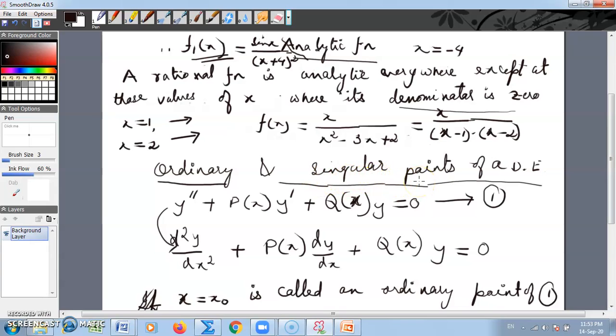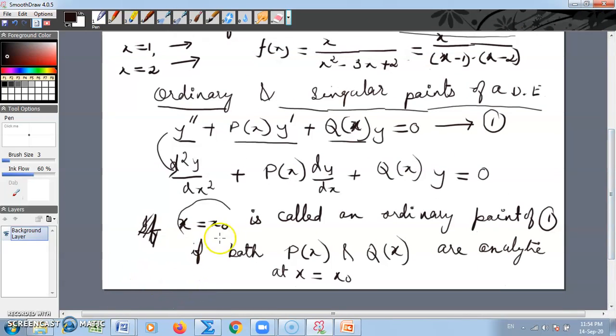We had a differential equation y double dash plus px y single dash plus qx y is equal to 0, and if x is equal to x naught is an ordinary point, then both these functions of x which are multiplied to dy by dx and to y are analytic at x is equal to x naught.